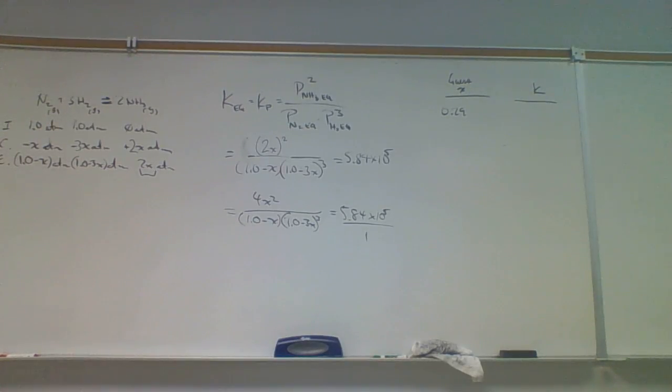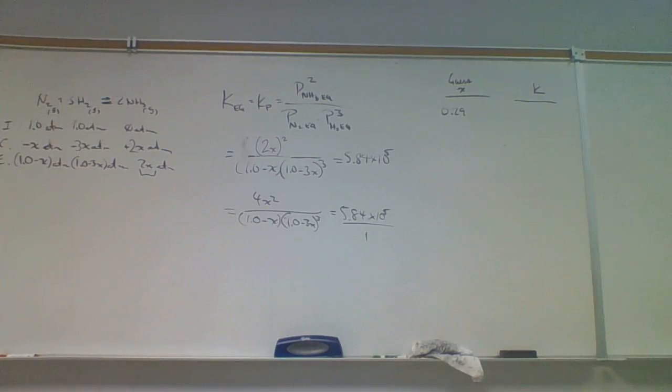Or actually, should I do the denominator first? I'm going to do the denominator first. I'm going to go 3 times 0.29 equals, negative plus 1 equals, cube that, times 1 minus 0.29 would be 0.71.